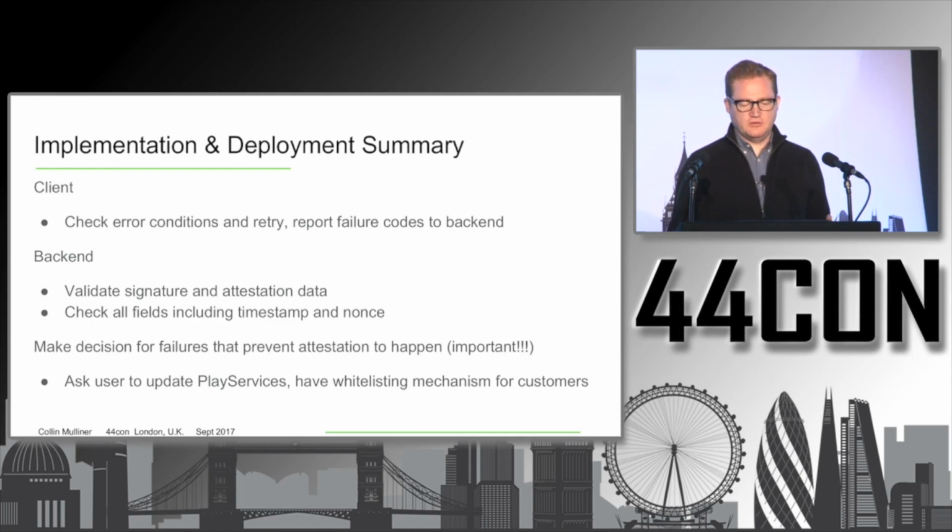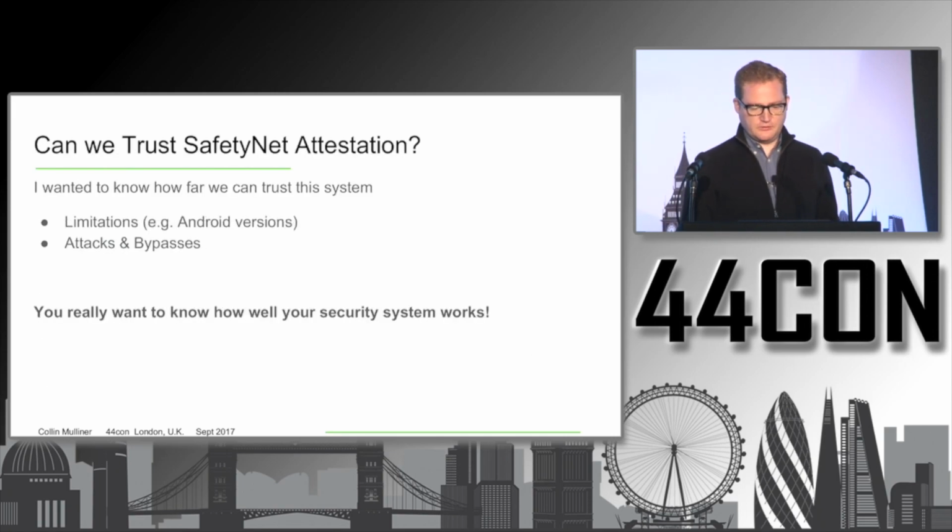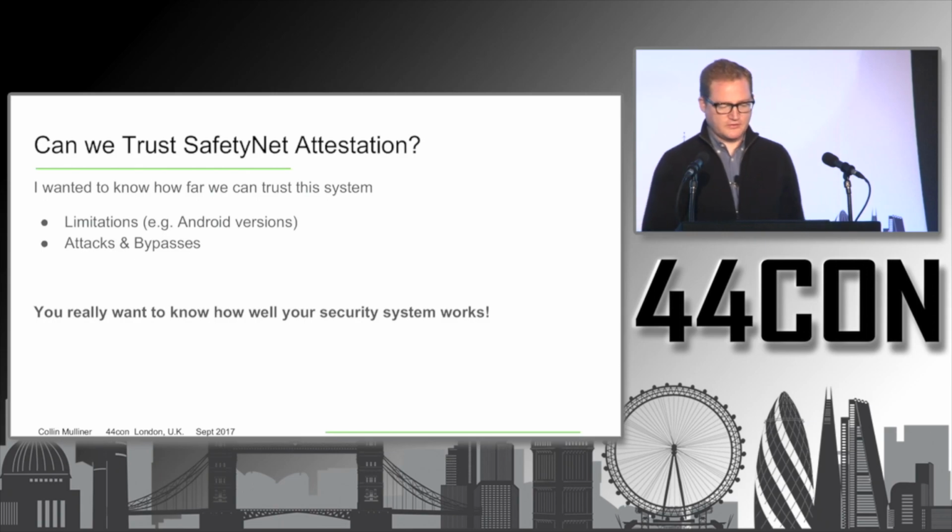You really need to have this kind of whitelisting mechanism, otherwise you will cause a lot of pain for your users, and you don't want your customers to leave just because they got a device that has some weird behavior. And devices do have a lot of weird behavior when it comes to this. So now you basically know how to implement this, hopefully in a decent way.